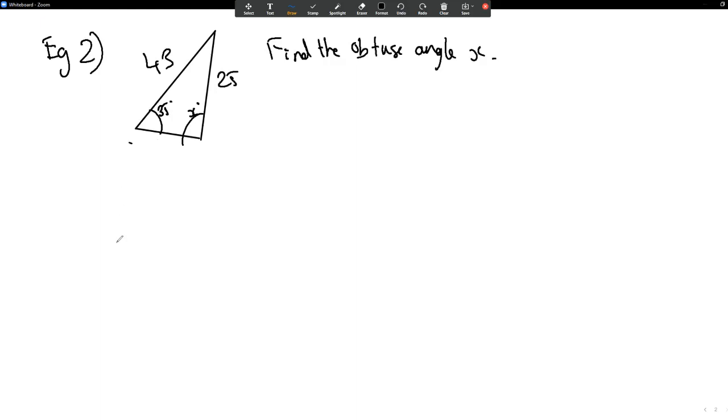Okay, so let's use the sine rule again. Let's label our sides. I'm just going to label the ones we know with a, so this will be a and A, they're opposites. And c, because we know this pair, that gives us one side of the equation, and now, because we know this side, we can figure out this angle. That's how it works.